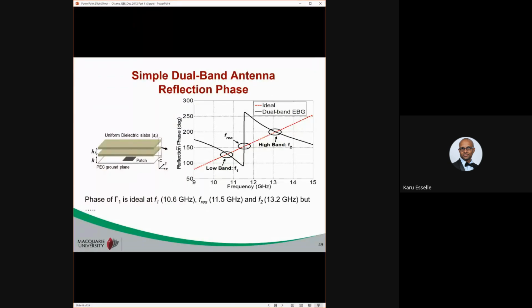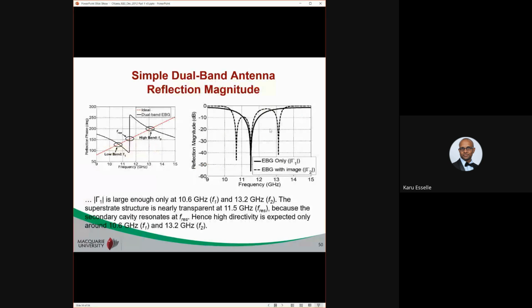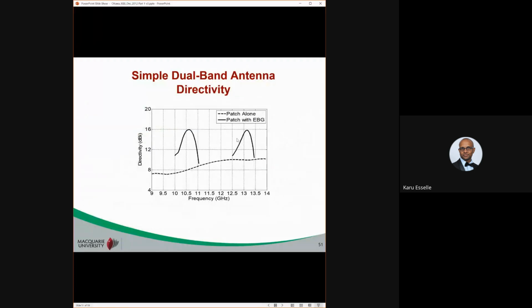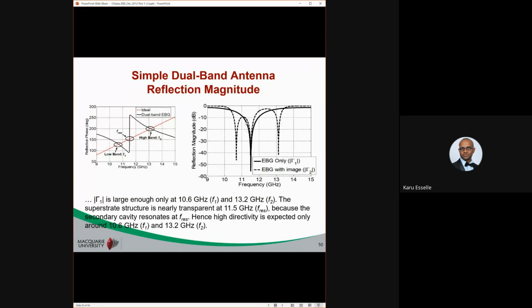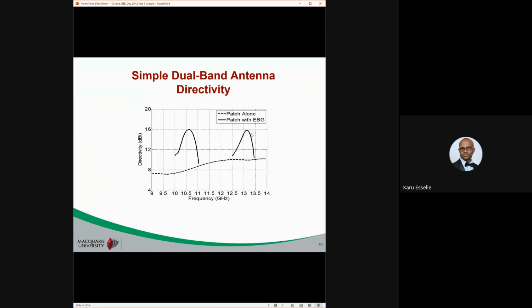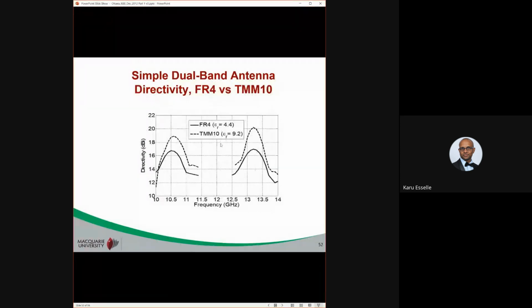You look at the reflection coefficient and it goes up and down, and it works at this frequency and this frequency, where the reflection phase intersects the ideal phase. The resonances and the dual band, again, it does not radiate well at this frequency because of the small reflection magnitude. The other two bands you get good directivity, dual band antenna.